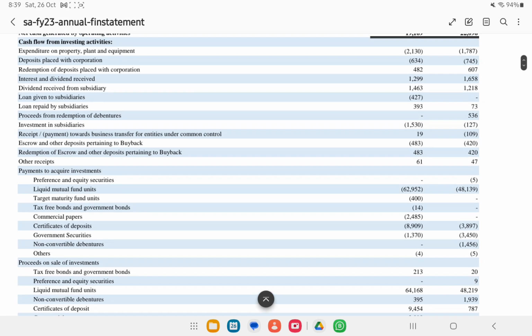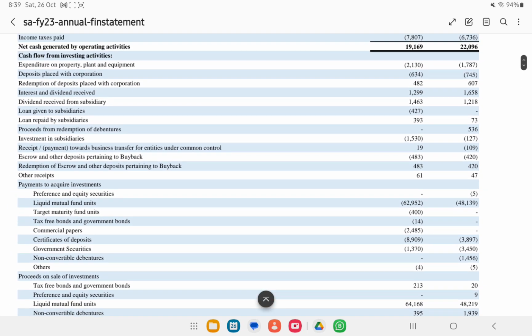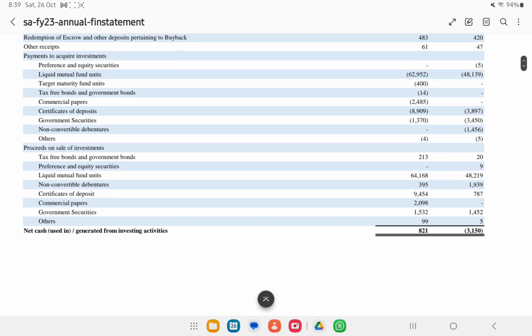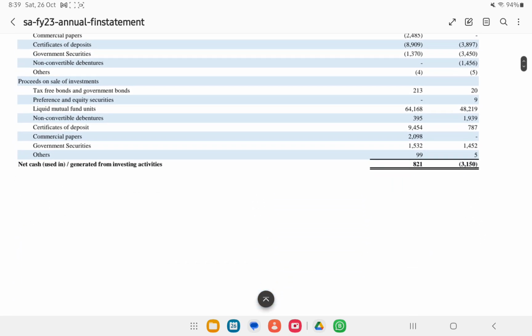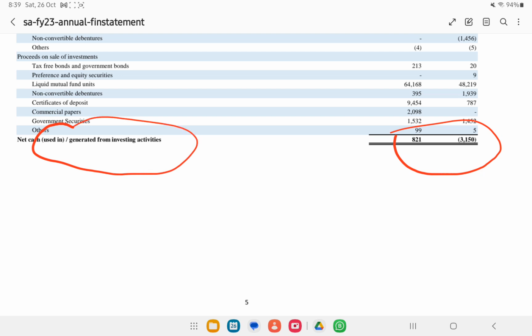See, whenever they have made an expense, when they have lost money, when there happened a cash outflow, they put it in negative, which means they have lost money. Similarly, there are many other investing activities in the business. They have listed everything, and finally they have taken it as the net cash used in and generated from investing activity.